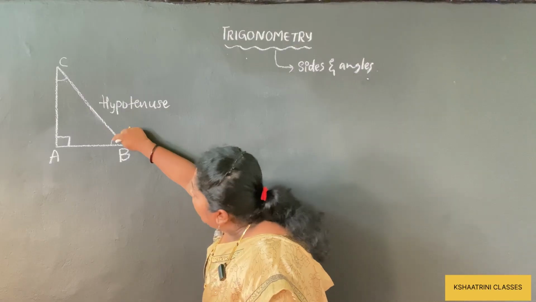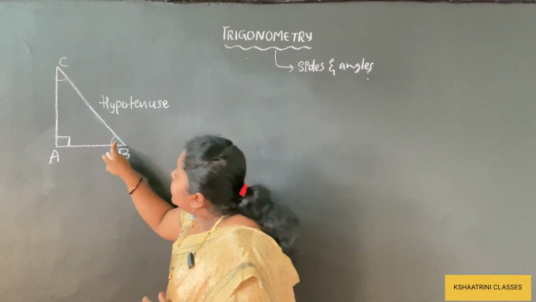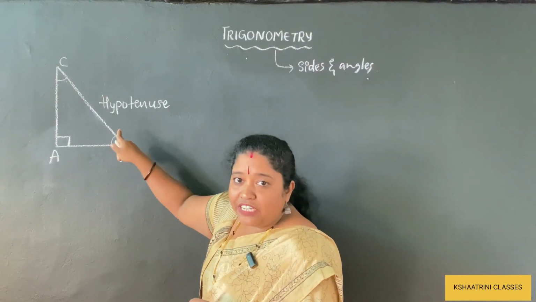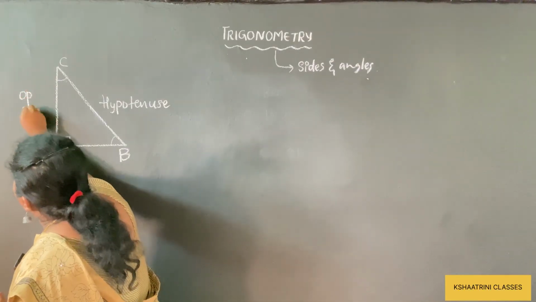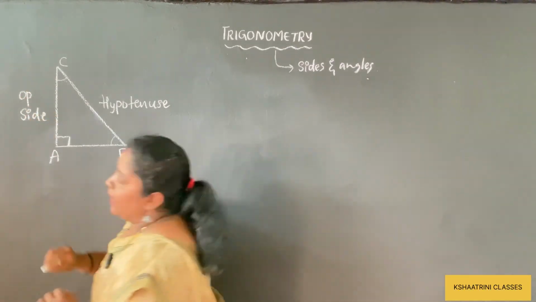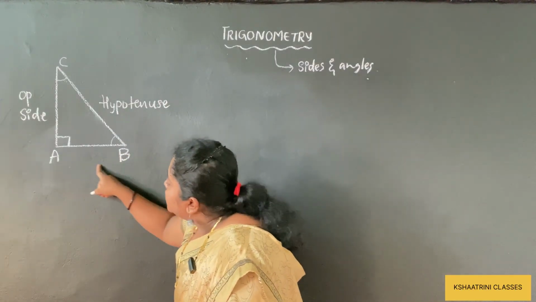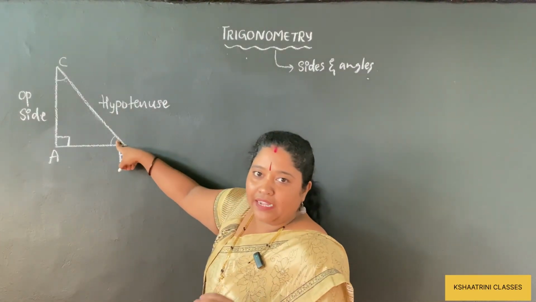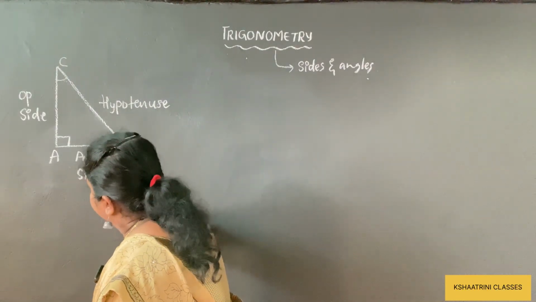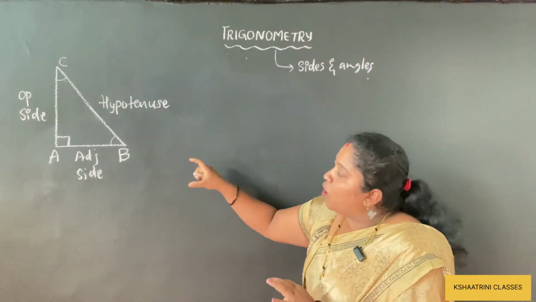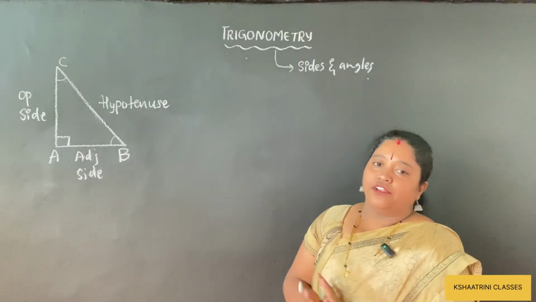With respect to acute angle B, the side which is opposite to angle B is called the opposite side, and the side which is just beside the acute angle B is considered the adjacent side. This is the side convention you have to do first before writing all the trigonometric ratios.